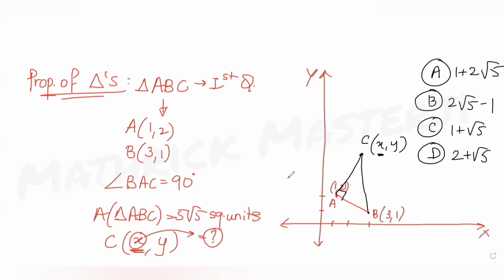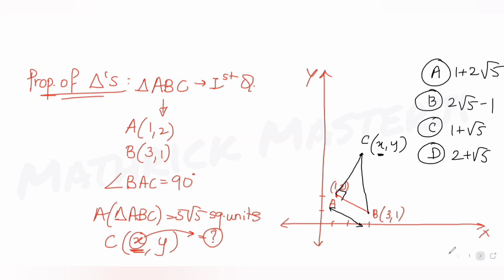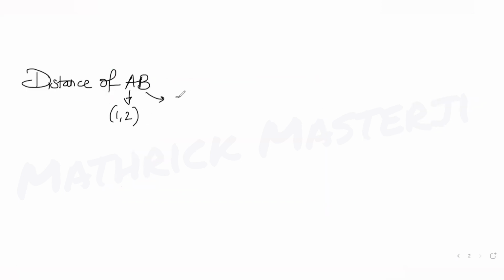So let's use this idea first. First of all, the area of the triangle is given to me as 5 root 5. I can also find the distance between these two vertices A and B, which will give me the base of the triangle. So let's find that distance first. The distance of the base AB, where A is (1, 2) and B is (3, 1).